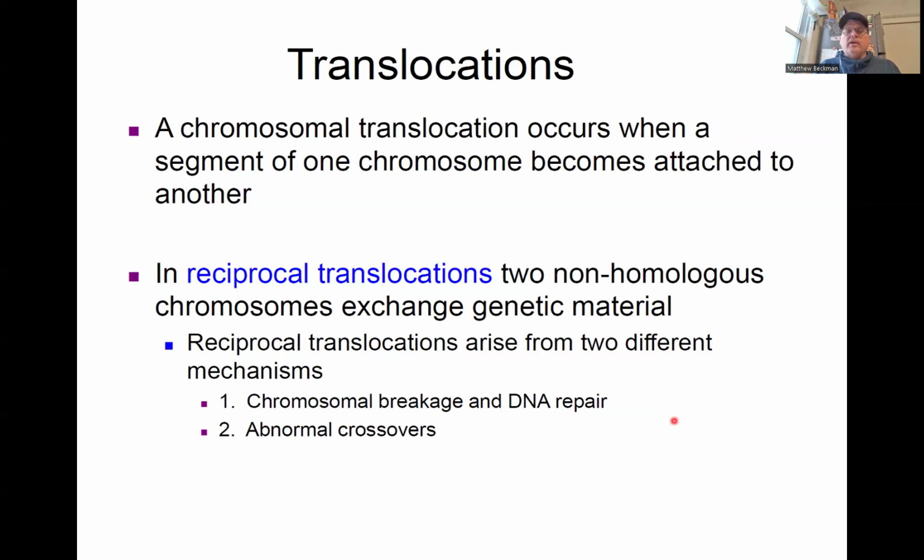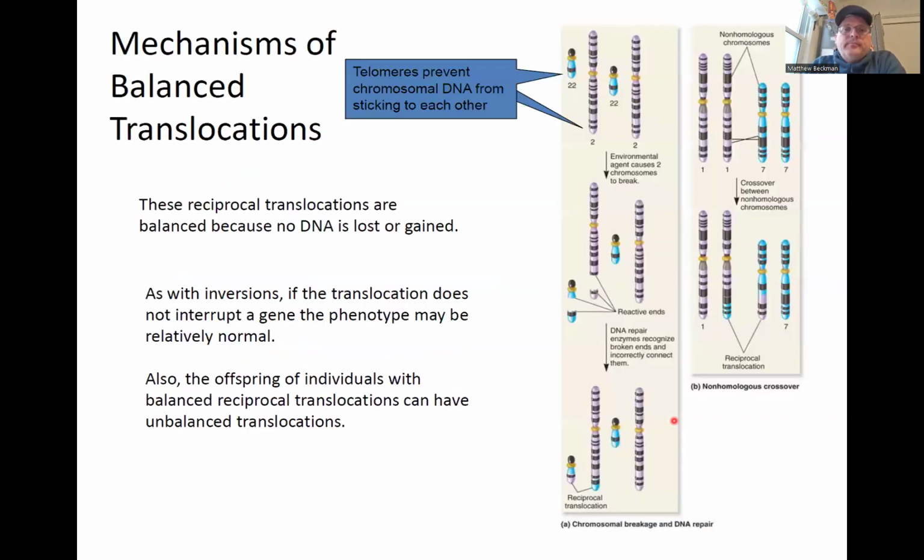So that was homologous recombination, but with translocation, sorry, I misspoke. With translocation, that can happen due to abnormal crossovers, but the ones we're envisioning are more commonly just chromosomal breaks with DNA repair, leaving things in the wrong place.